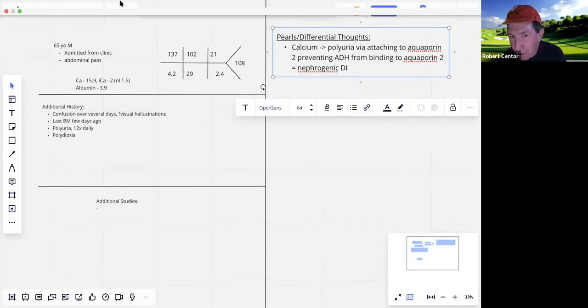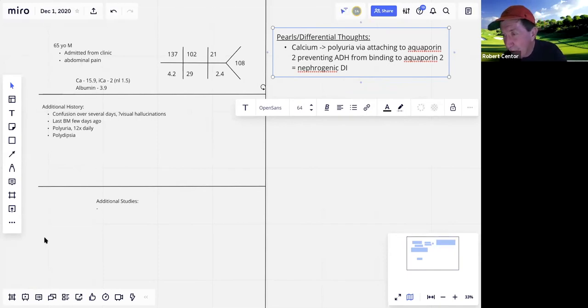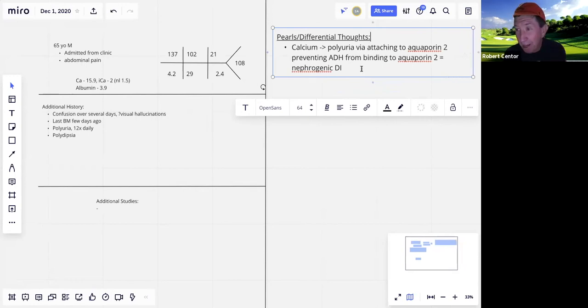Because of the polyuria, you often get what looks like acute kidney injury. And I've written up a couple of cases of hypercalcemia, and they always come in with high BUNs and creatinines, and then you lower the calcium and the BUN and creatinine get better. So it's not nephrotoxicity, it's just severe volume contraction.